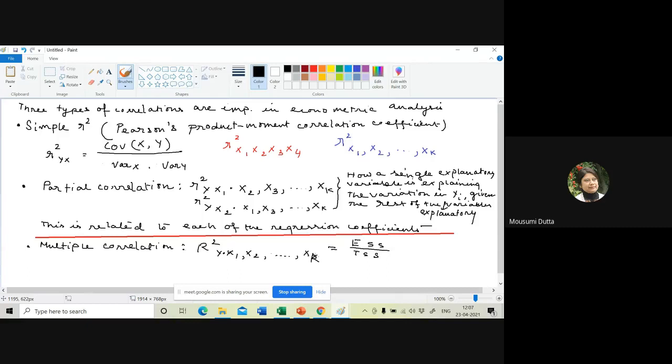So R square is ESS by TSS, explained sum of squares divided by TSS, or you can write this as the same.